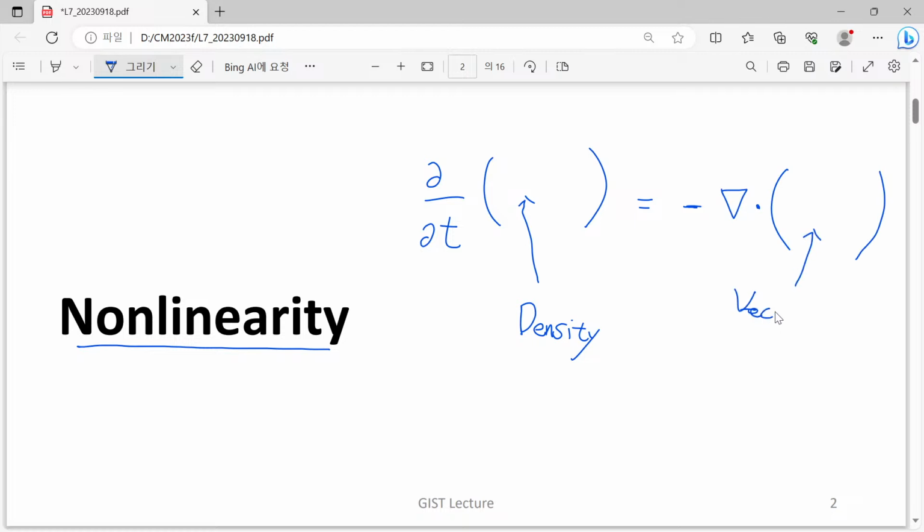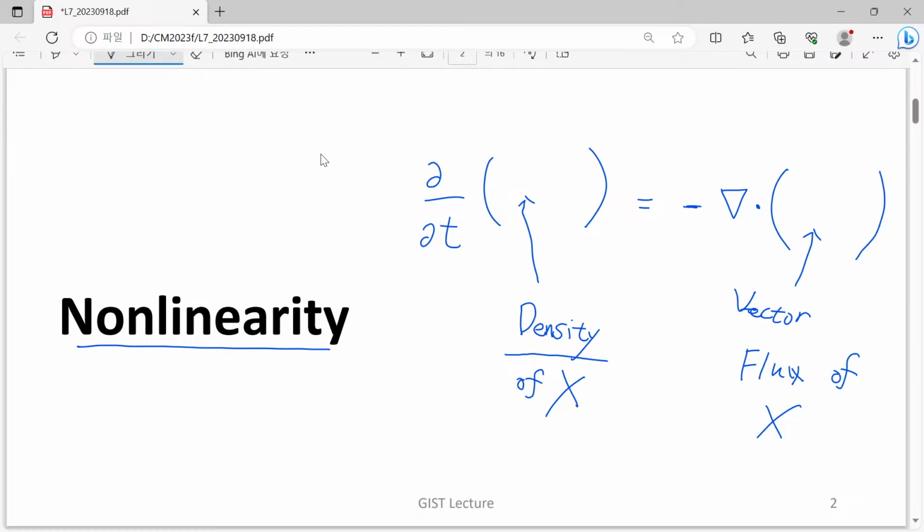This is a vector field, and this one is called the flux of that physical quantity. So this is the density of something x, and this is the flux of something x. This is in general called a continuity equation.